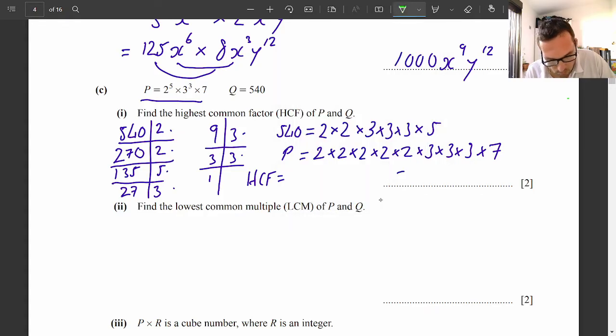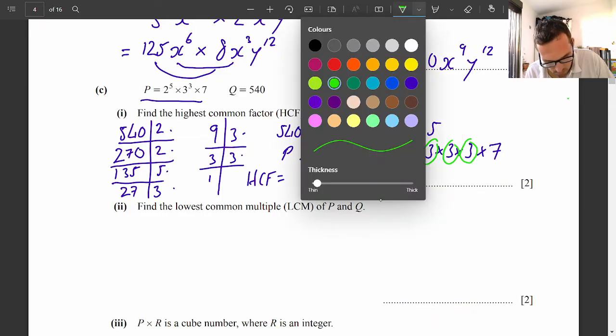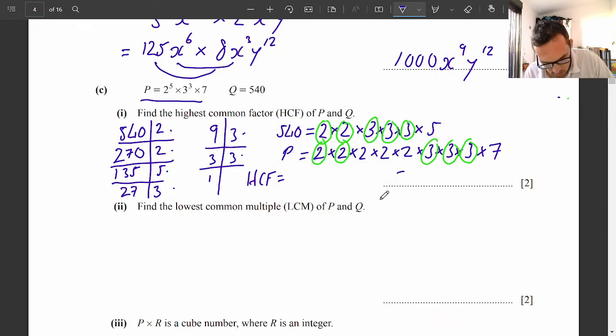Common factors is 2 and another 2, and no more 2's above there, but then we've got the 3's, we've got 3 of them, and that's it. So the common factors we have here is 2 2's and 3 3's.